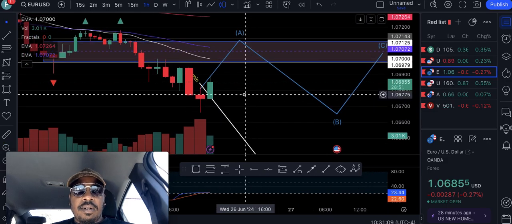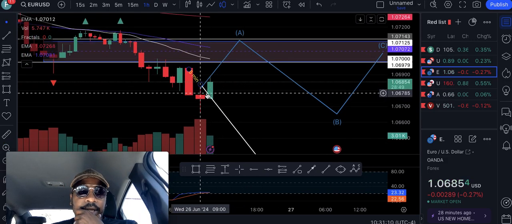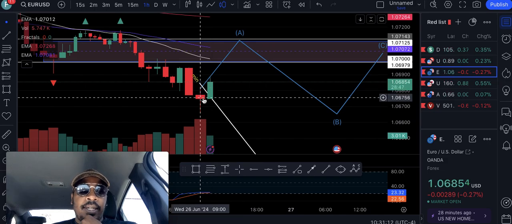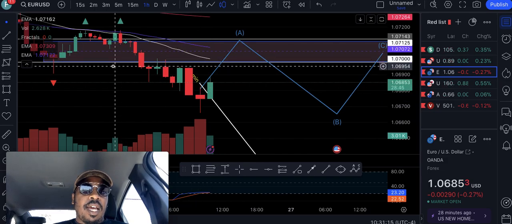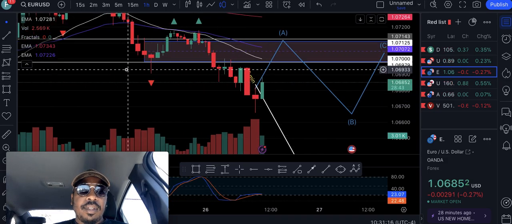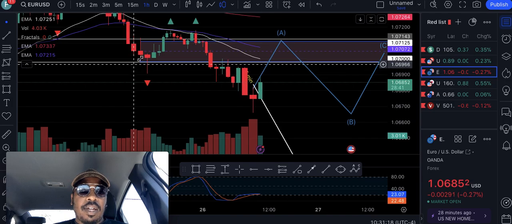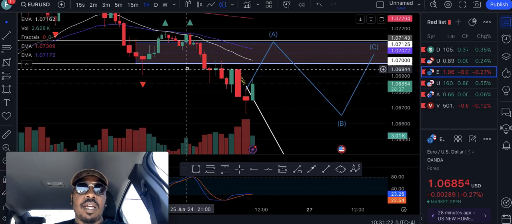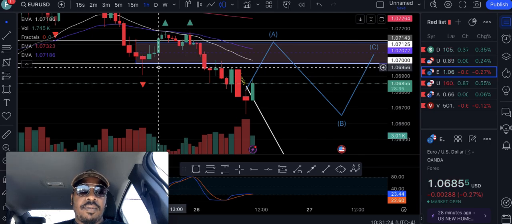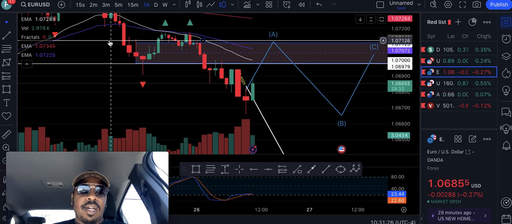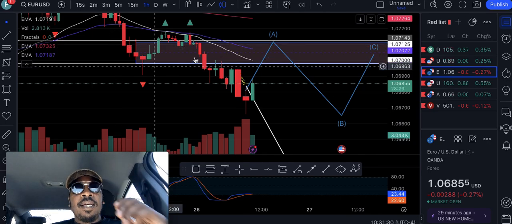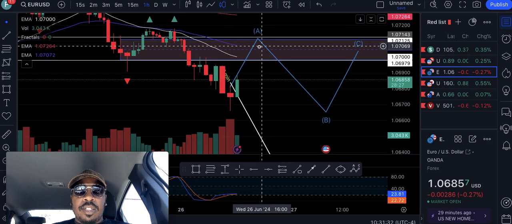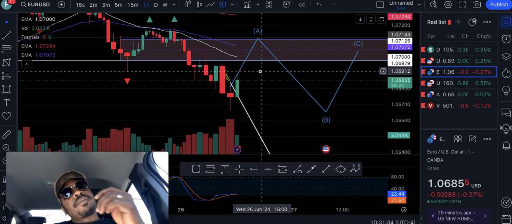Alright, so I'm looking for price since we on a downtrend. I had a level right here, then I got a level right here. So it's like two levels that's close together. So what I did was just mark the zone in between these levels.